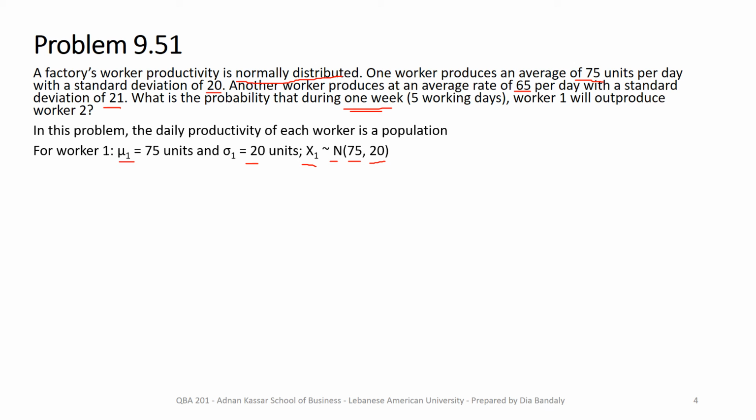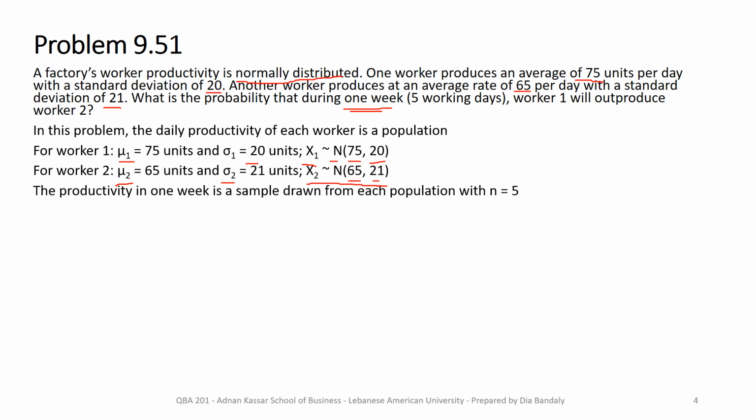We can see also another population, which is the productivity of worker 2, right? It has a mu2, it has sigma 2, and x2 is another distribution, with a mean of 65 and standard deviation of 21. And the productivity in 1 week, what's that?